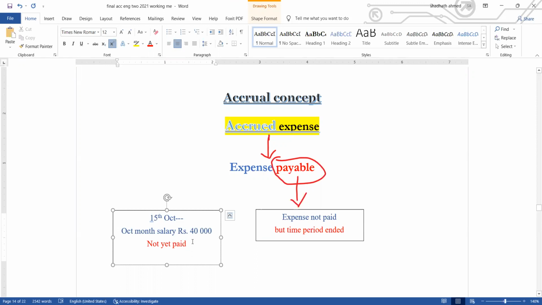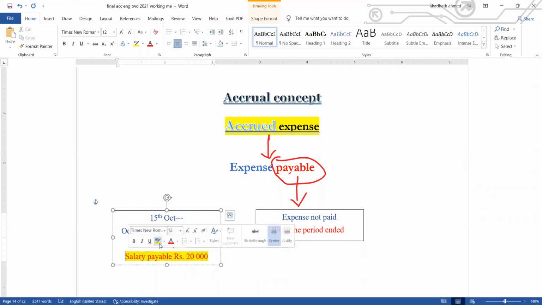Accrued salary, salary payable, same meaning. Can we say that? No. We can say salary payable rupees 20,000. Why 20,000? Half a month, 50%.